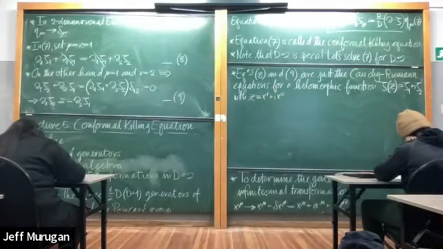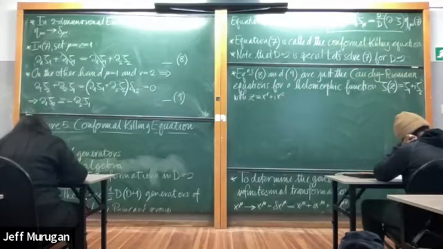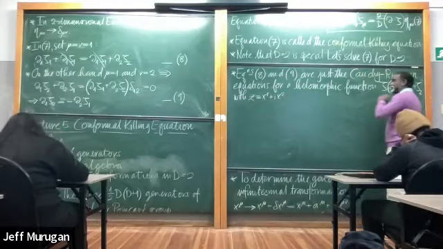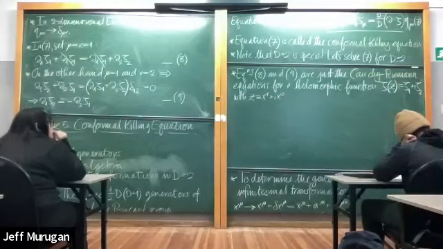So that means that, remember, what we're trying to do here is figure out what zetas constitute conformal transformations. Those are the zetas that satisfy the conformal Killing equation, which is the same as the Cauchy-Riemann equation. So any holomorphic function will do the job for me.